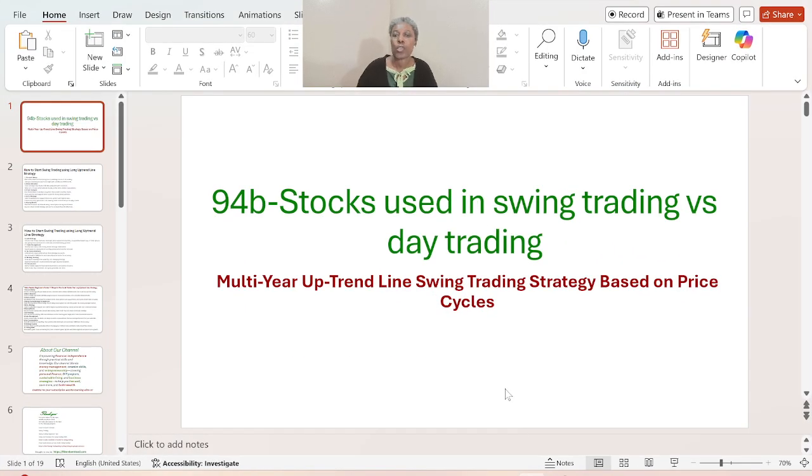Hello, stocks used in swing trading versus day trading. In my opinion, a swing trader might have a wide variety of stocks to choose from to swing trade, from small cap stocks to large cap stocks.